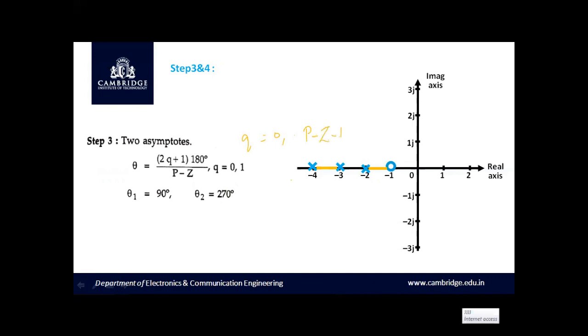In this case, number of poles is 3 and number of zeros is 1, and we have -1 here. Therefore, the range of q will be 3 minus 1 minus 1, that is 3 minus 2, that is 1. So the range of q is from 0 to 1, that has been specified here.